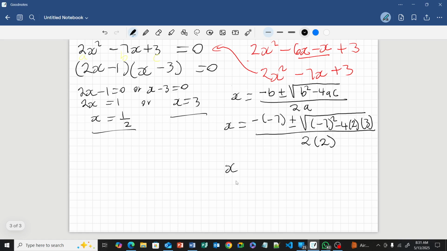Okay, minus into minus 7, plus the square root of minus 7 squared minus 4 into 2 into 3.